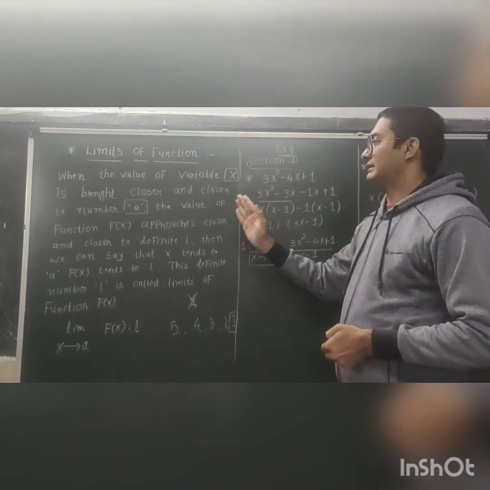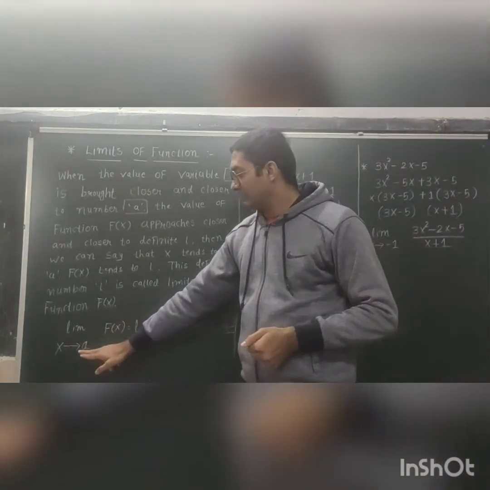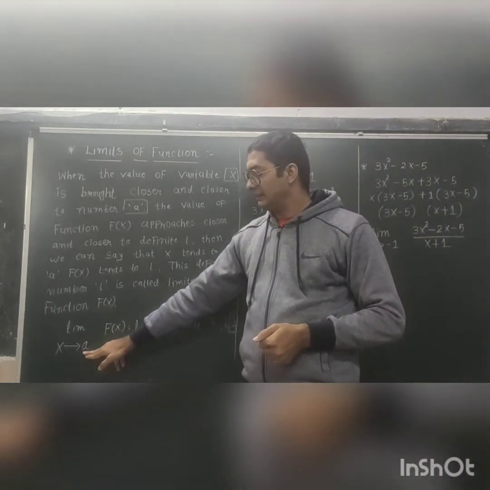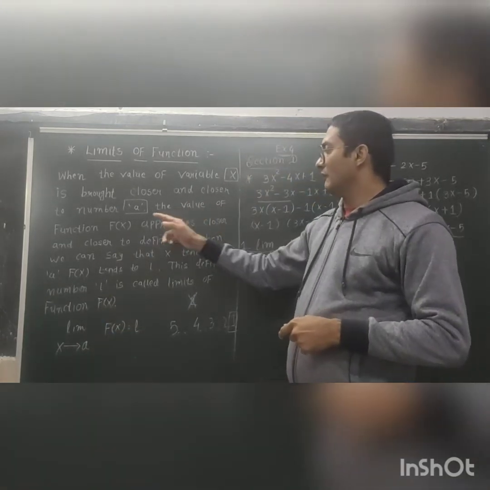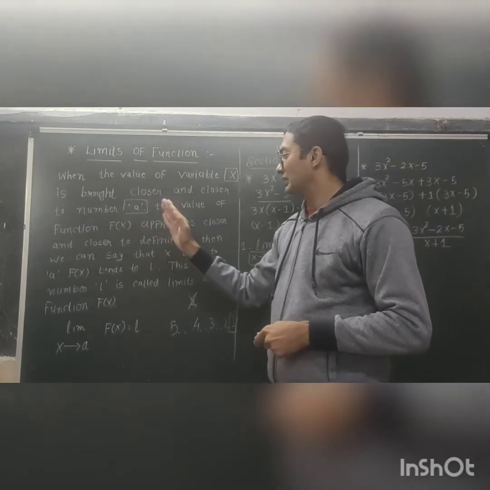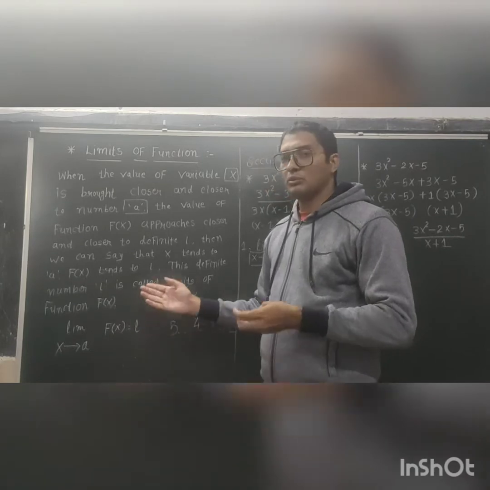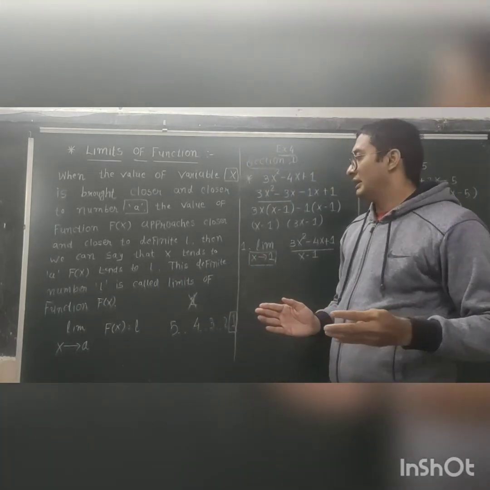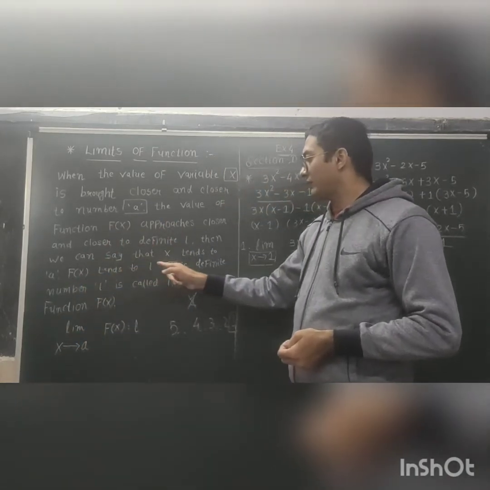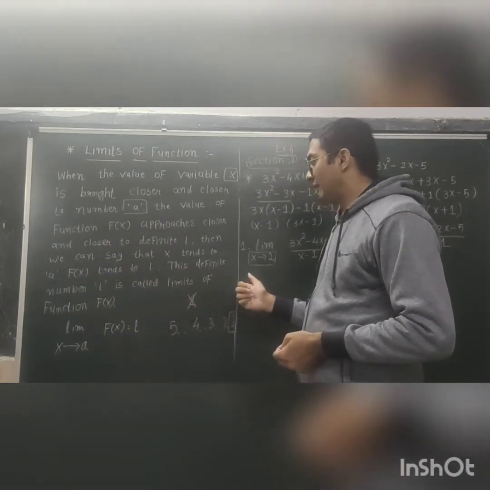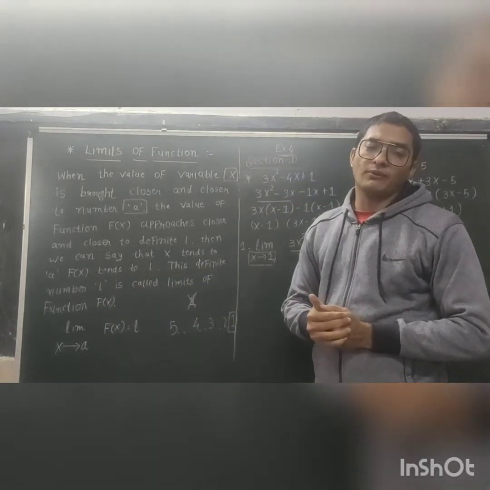When the value of x is brought closer and closer to number a, it means here there is a and the value is going closer and closer to a, then the value of function f of x approaches closer and closer to definite L. So the answer becomes closer and closer, and we can say that x tends to a and f of x tends to L, and this definite number L is called the limit of function f of x.